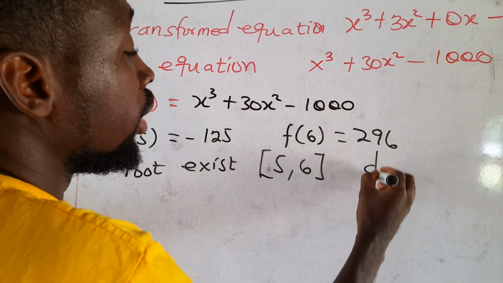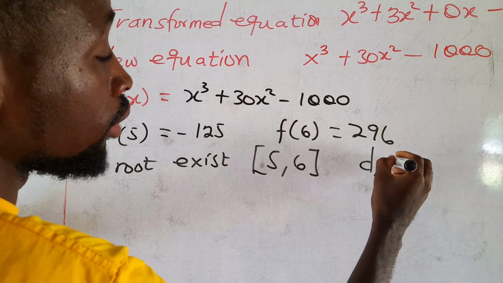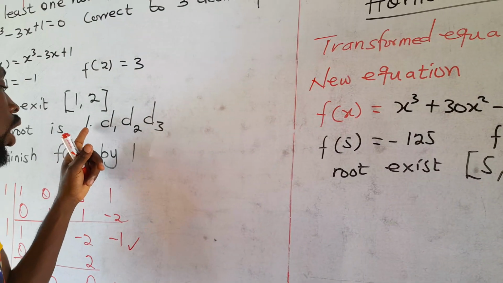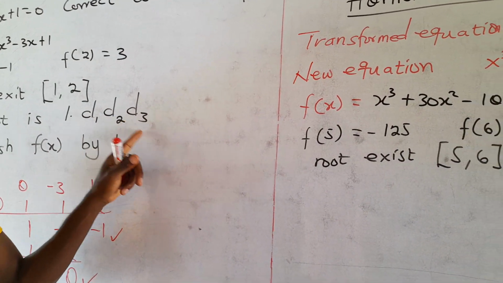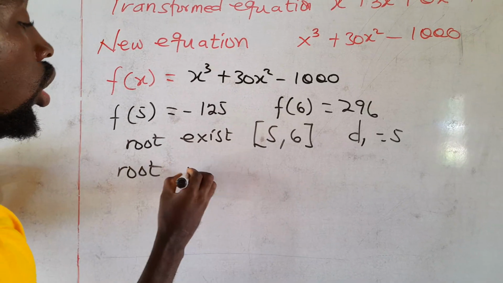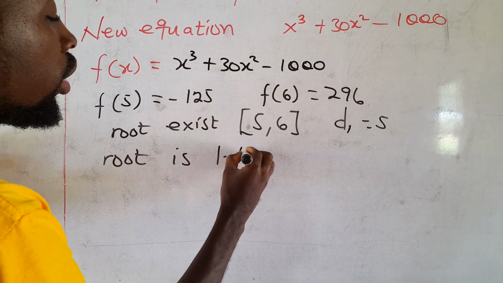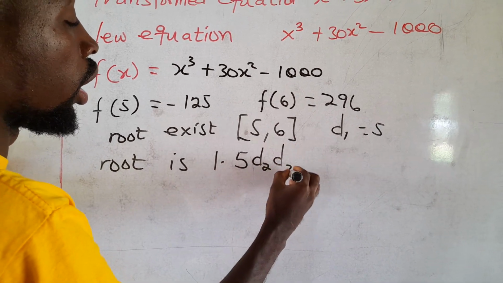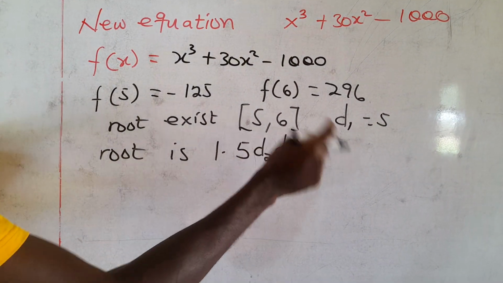So we can say our D1, our first decimal place, is 5. Then we can replace it here. So we'll get 1.5 D2, D3. So our root now, the root is 1.5 D2, D3. We need to find a second decimal place, then a third decimal place.